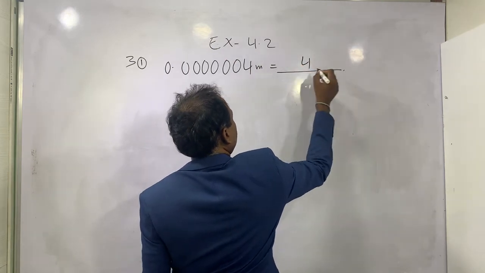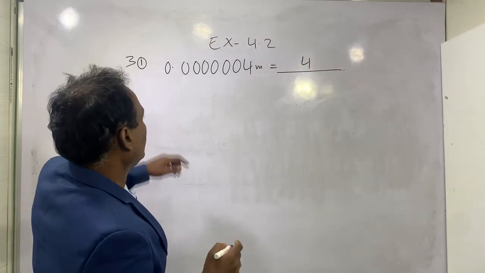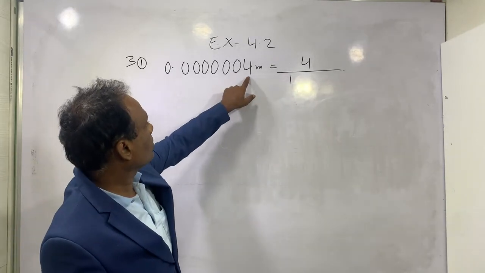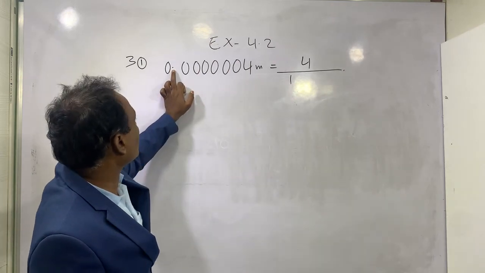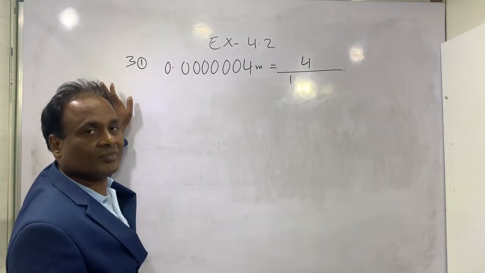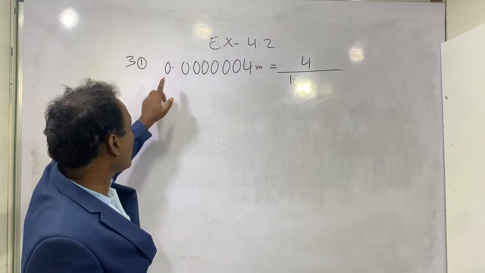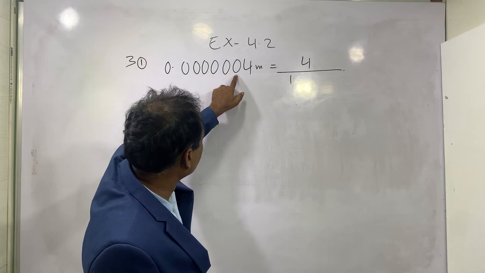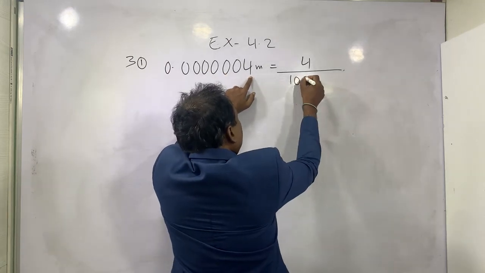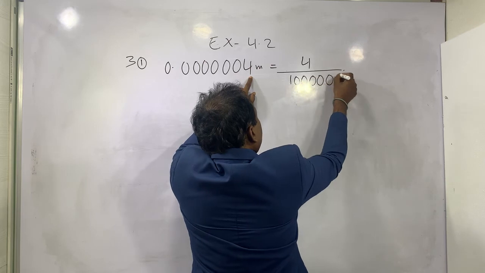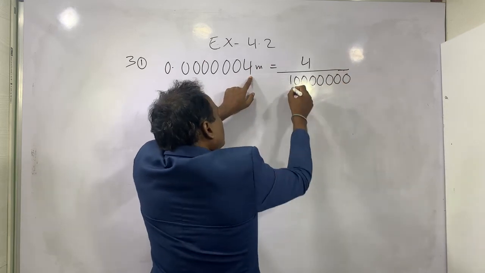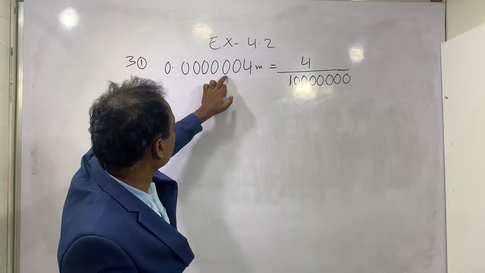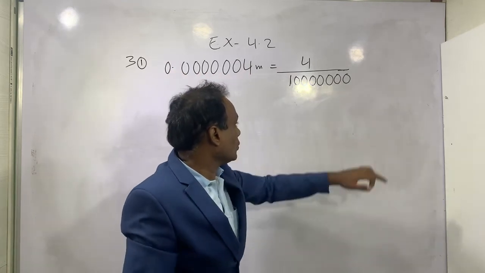4 by 1 after decimal. First I am removing the decimal. After decimal, how many digits? 1, 2, 3, 4, 5, 6, 7 digits, 7 zeros.